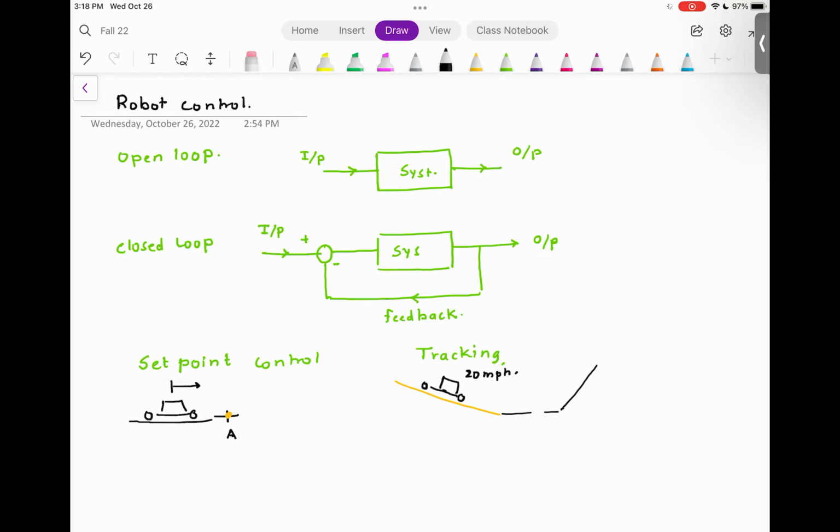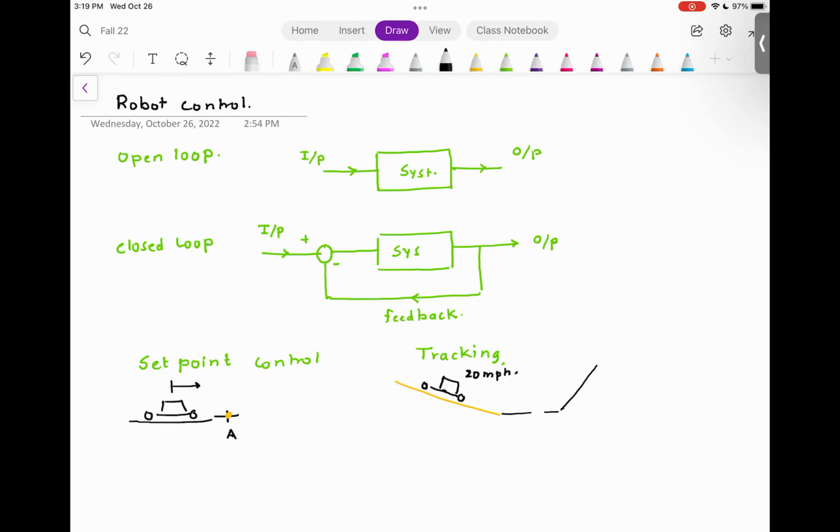So as it is going down, gravity would assist, so you would be applying brakes to maintain the 20 mile speed. On the level ground, you will maintain the 20 mile speed. And as the car is going uphill, at that time you would have to give a little bit more gas so that the car picks up the speed, but it maintains 20 miles an hour. So this is the tracking or trajectory control.